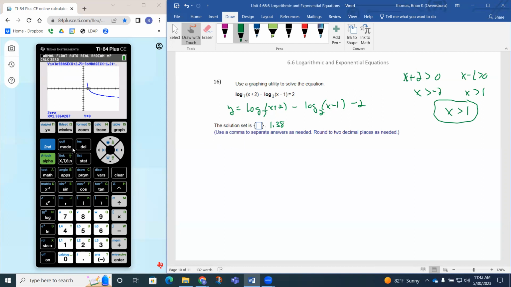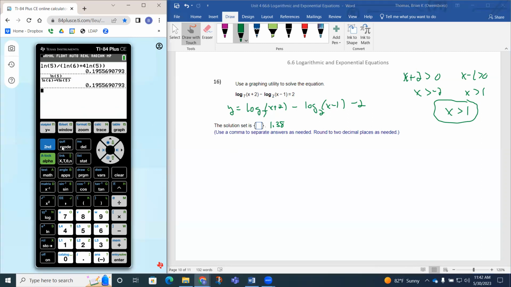So again, let's check that by putting it into the problem. I'll hit math, log base, put the 7 there for the base, and put 1.38 in for x. Notice that it is greater than 1, so it barely was. Plus 2, and then subtract.